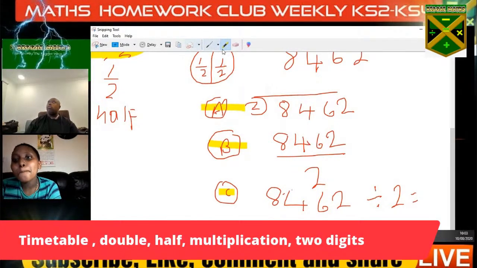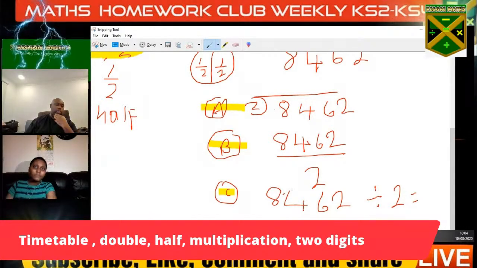So let's have a go. What is 2 into 8? What is half of 8? The same thing. Look, 2 into 8, or 8 divided by 2, is half of 8.